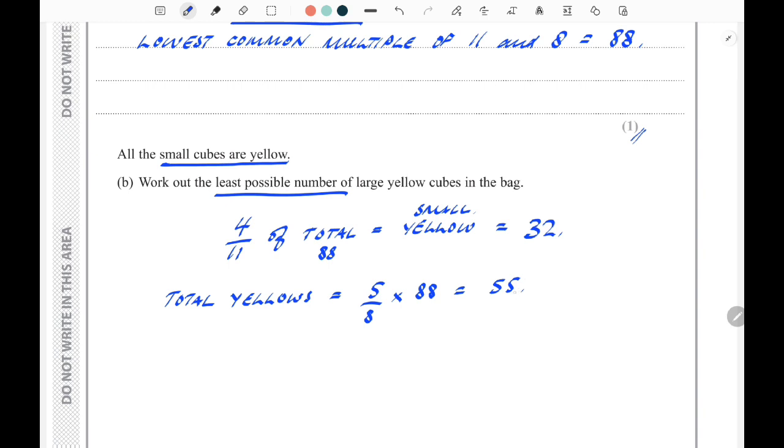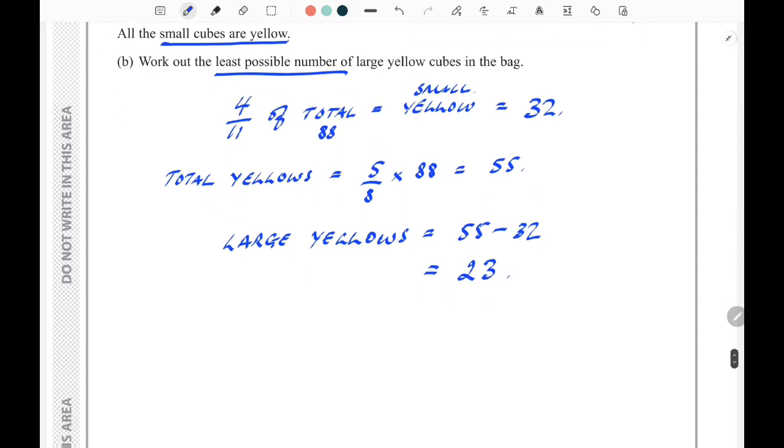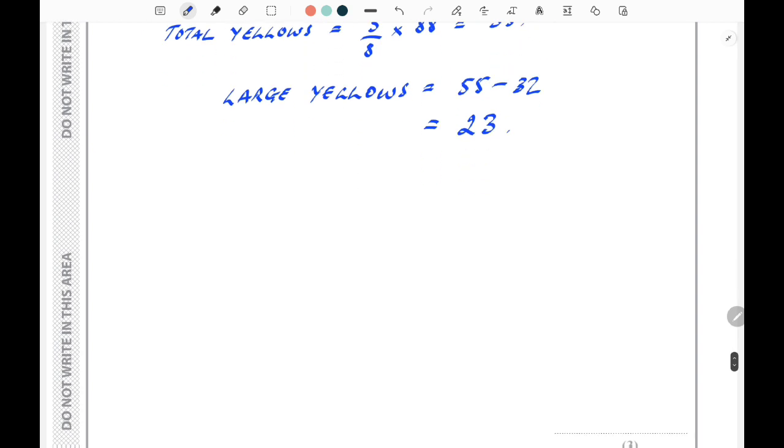So from there, we can work out that the least possible number of large yellow cubes in the bag must be made up from that difference. So large yellows must be 55 minus 32, 23. So that's how we work out the proportion of those.